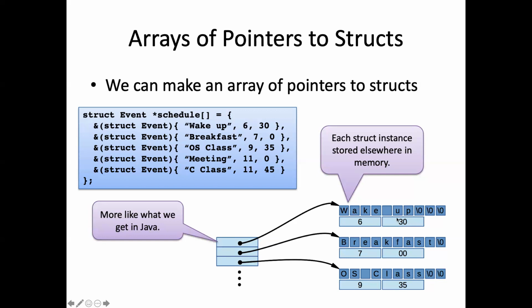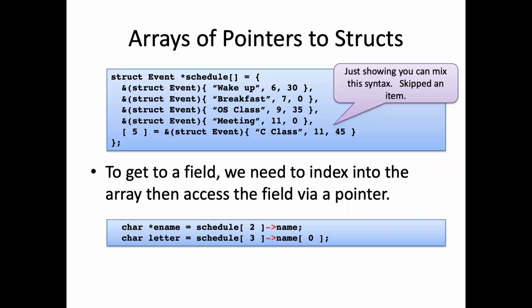But since this array isn't an array of event structs, and it's an array of pointers to event structs, the way you use those structs is going to be different. If you looked up element number 2 and you wanted its name field, well, this is an array of pointers. So element 2 of that array would be a pointer to an event.